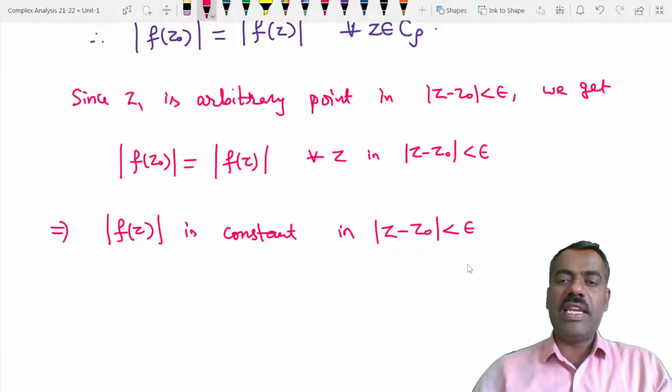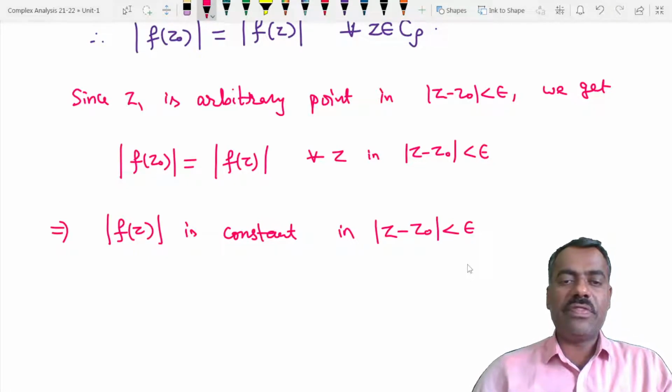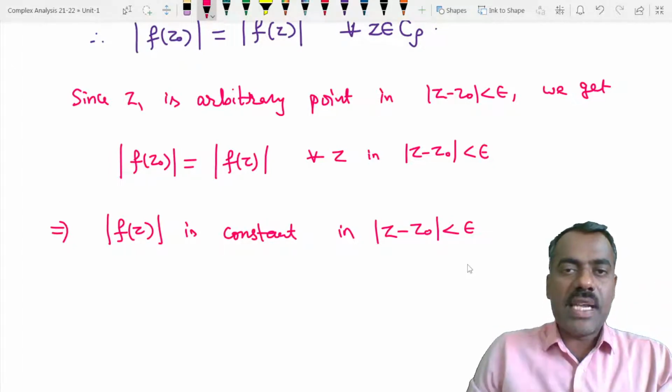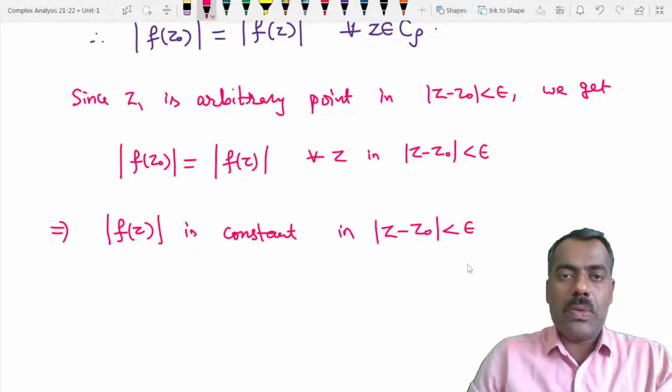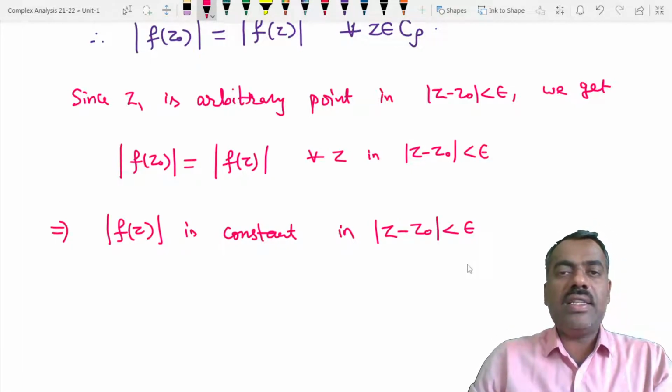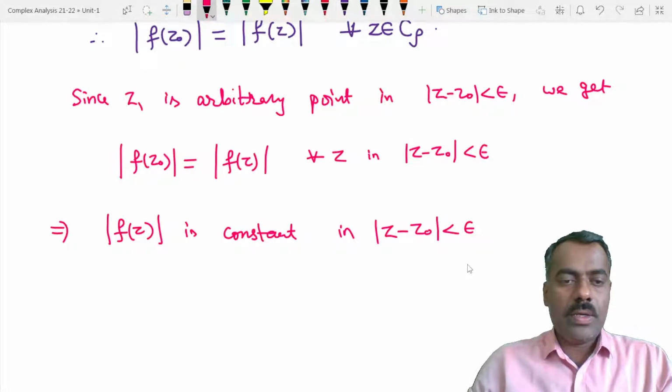Remember f is analytic here such that modulus of f of z is constant. So the result which we have proved earlier is that if you have an analytic function such that the absolute value, okay, is constant, then that function has to be constant, okay.